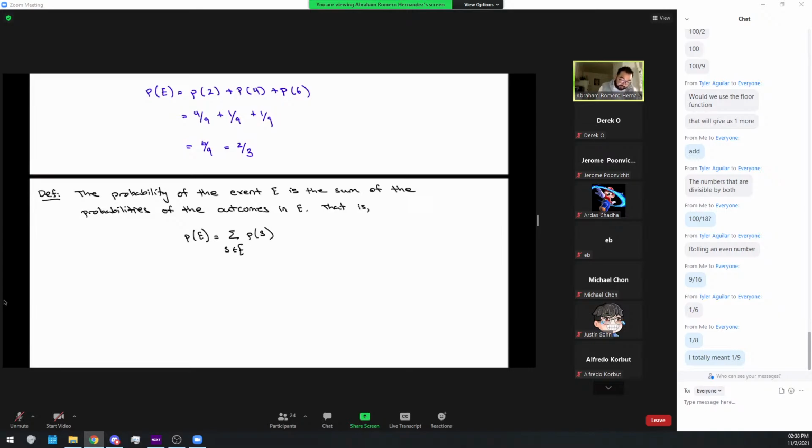Now, this is not a capital S, so this doesn't mean the sample space.